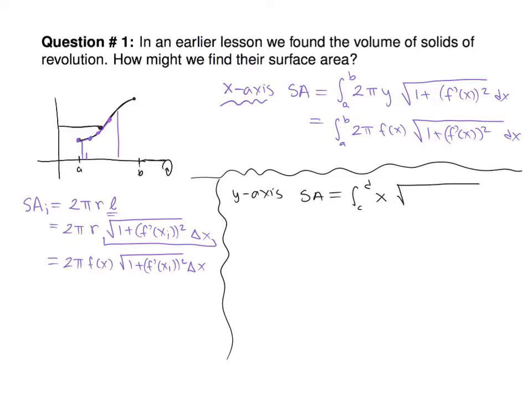And this could become root 1 plus f prime of y squared dy. Or it could be the integral from, oh, and I forgot my 2 pi, sorry. C to D, 2 pi f of y root 1 plus f prime of y squared dy.